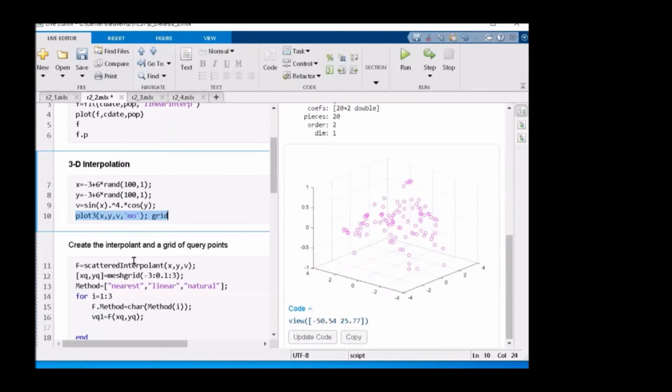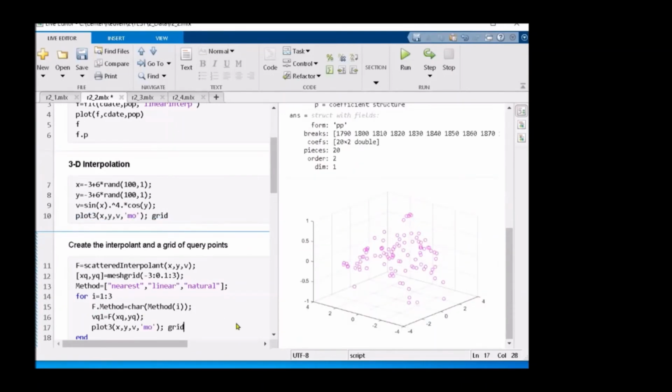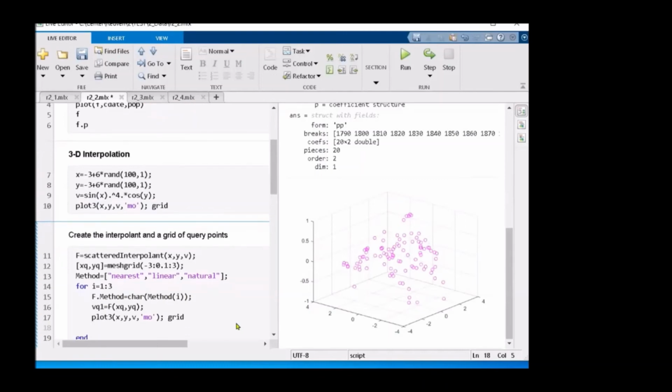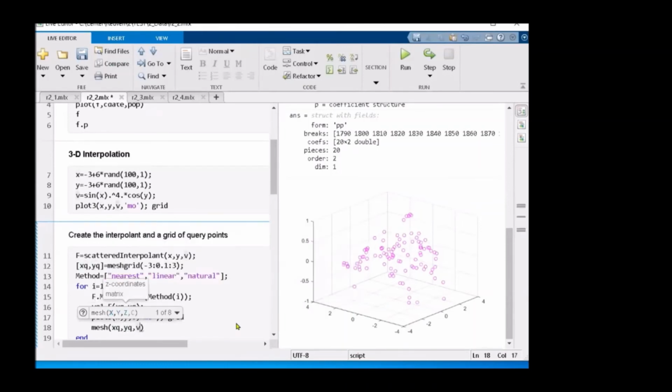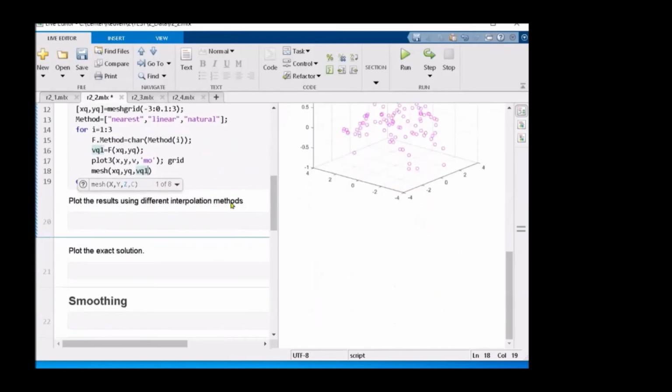Okay, and let's plot it. But first let's plot our original. We have it already, let's take it from here, and plot ours. Ours can be a mesh function or surf function, and this should be xq, yq, yq1. Okay, let me check. It looks okay.